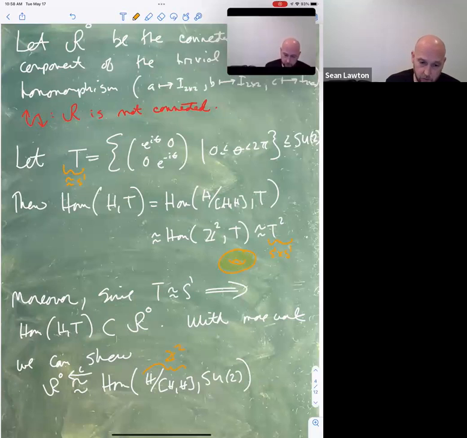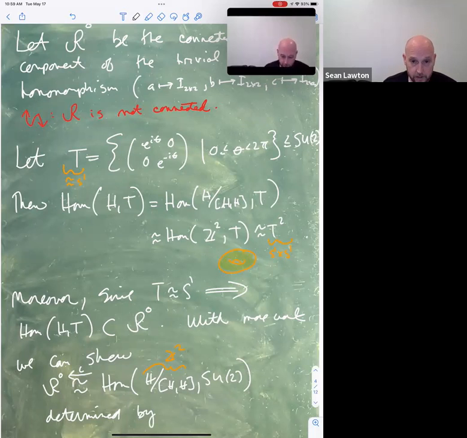So in short, this essentially reduces the study of the identity component to the abelian case. But that isomorphism doesn't extend to other components. It's just this one component.